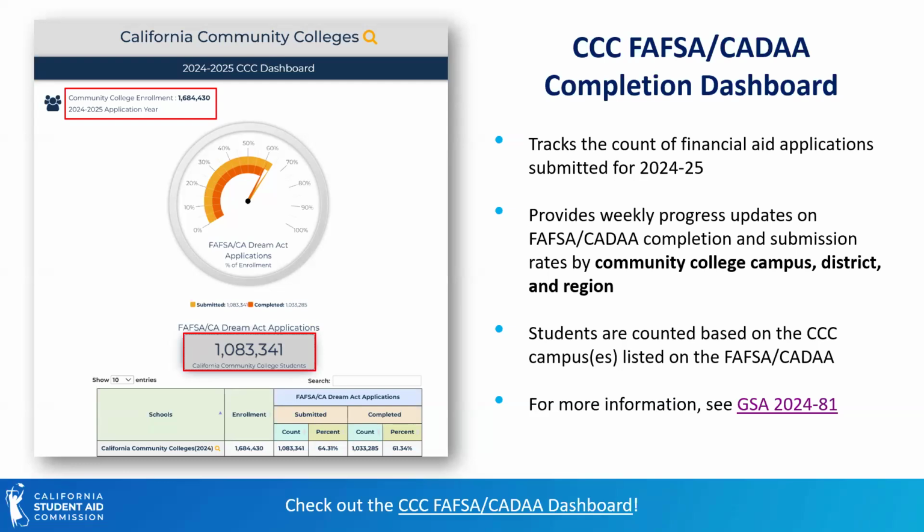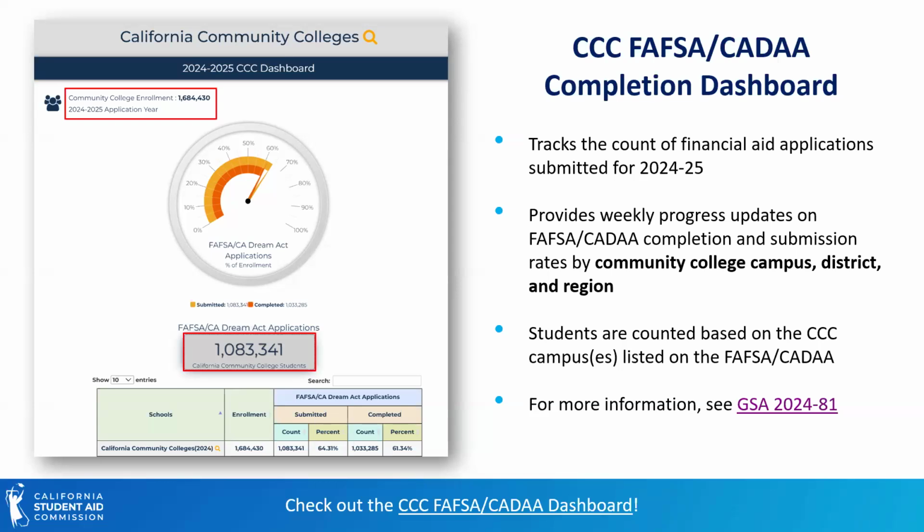For more information, I highly recommend that you read our Grant Special Alert 2481. It is linked here on the slide. We also have down at the bottom a link to the dashboard itself, so you can actually check it out now. If you go to our website, csac.ca.gov, there is a window at the very front page that says CCC dashboard, so you can also link to it directly from there.